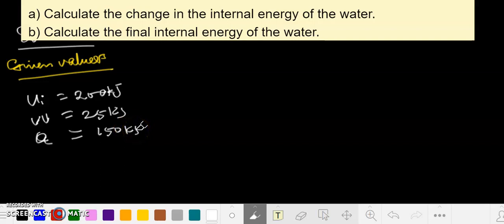So the first law of thermodynamics here is expressed using the first law of thermodynamics. We are to calculate the change in internal energy. Q will be equal to the change in internal energy plus the work done.